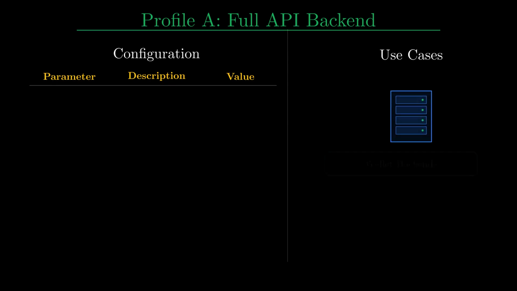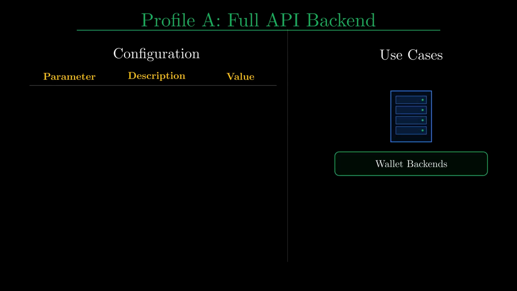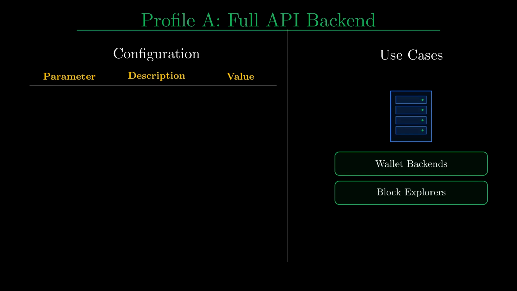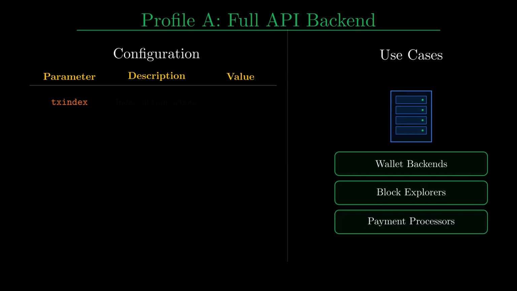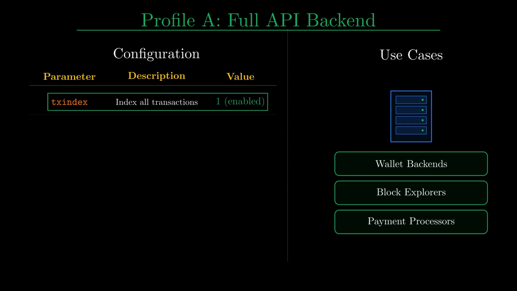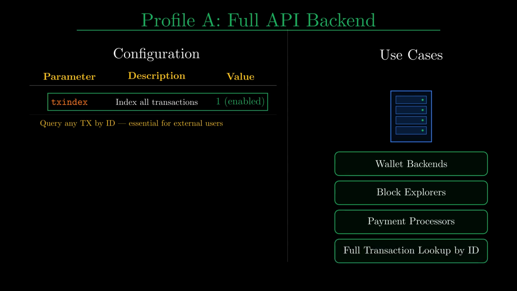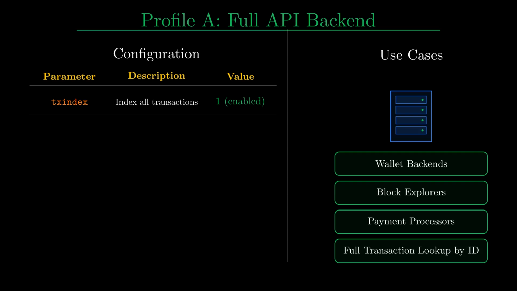Profile A, a full API backend powering wallets, block explorers, or payment processors. Set txindex to 1. This indexes every transaction ever confirmed on the blockchain. Without it, you can only look up your own wallet's transactions. With txindex, you query any transaction by ID, essential for applications serving external users.